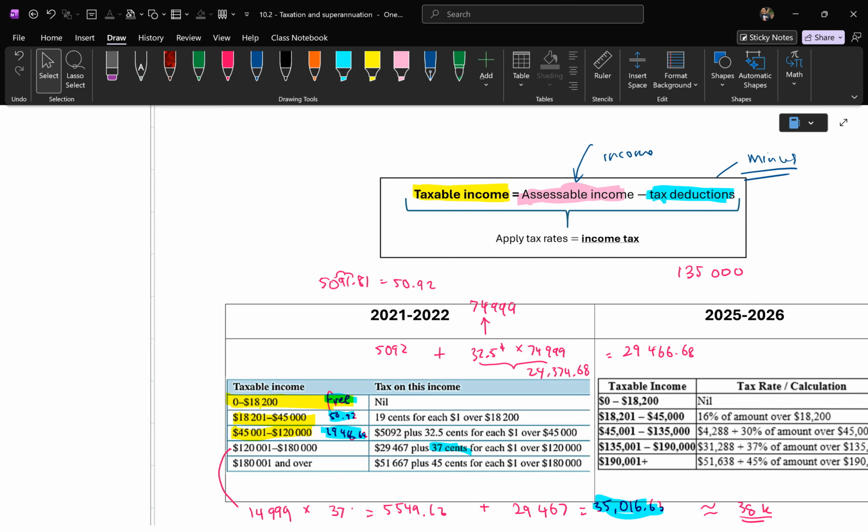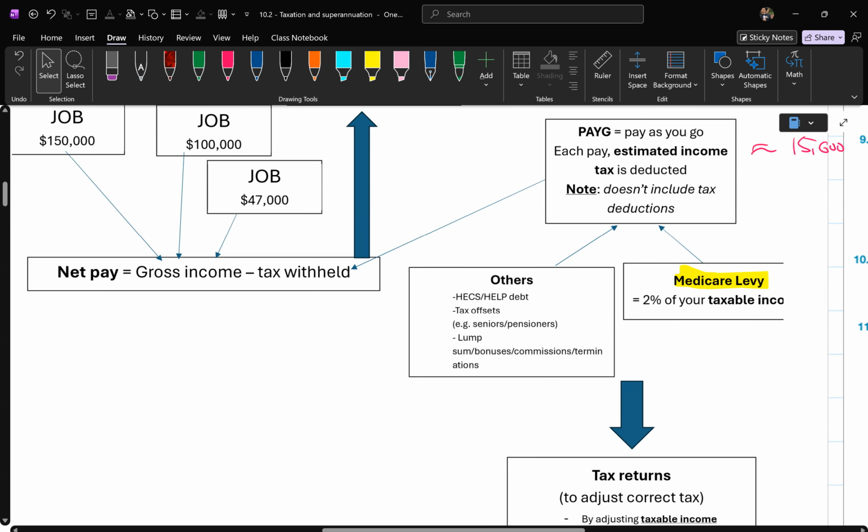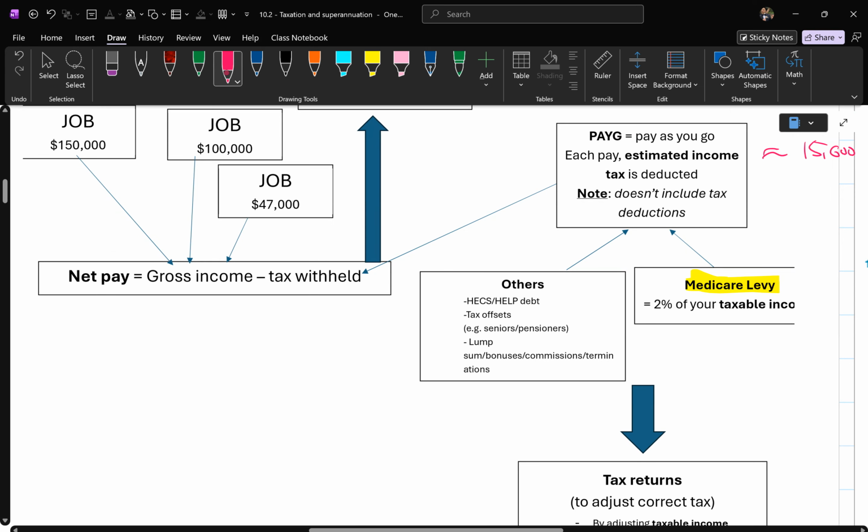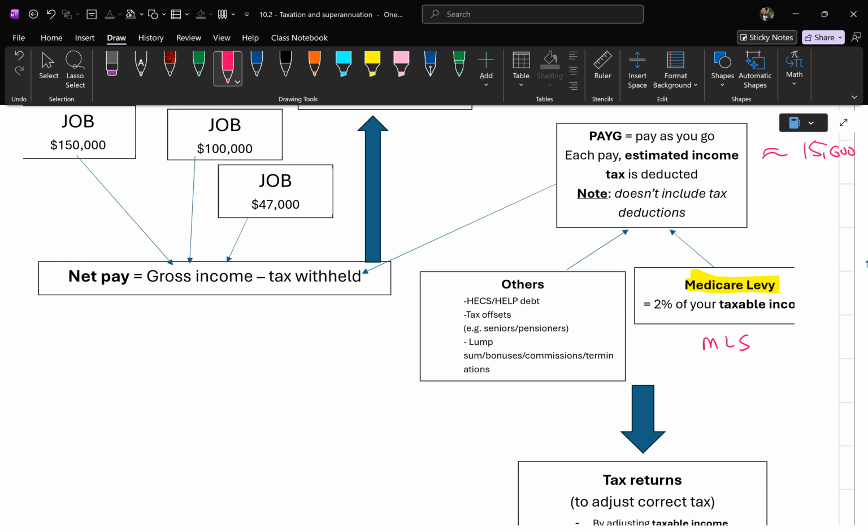Okay, regardless. There is an incentive stream in your textbook. They talk about MLS. Anyone know what that stands for? Because it follows with this idea. Medicare is to keep the Medicare system going. Everyone has to pay 2% regardless. Anyone know what MLS is? No? This is Medicare levy surcharge.